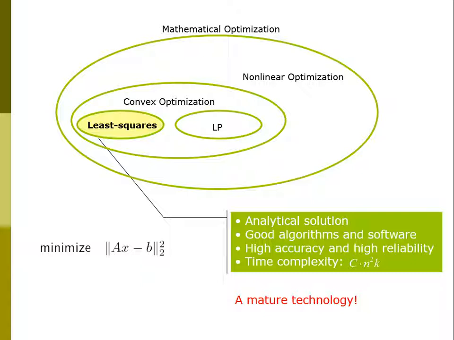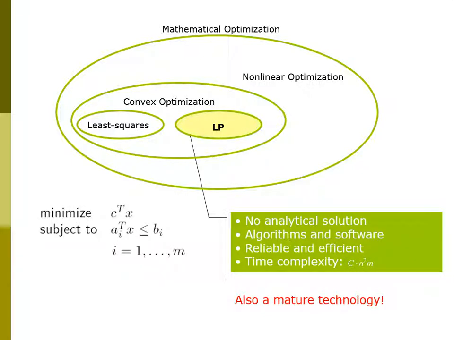You can try it if you are interested. And indeed, we can say that solving least squares problems is a mature technology. It can be reliably used by many people, even those who don't know the details.